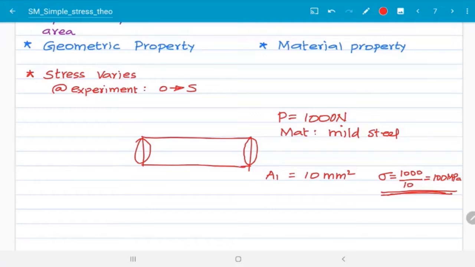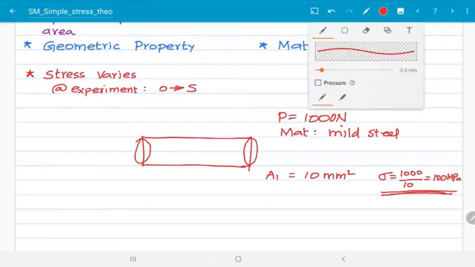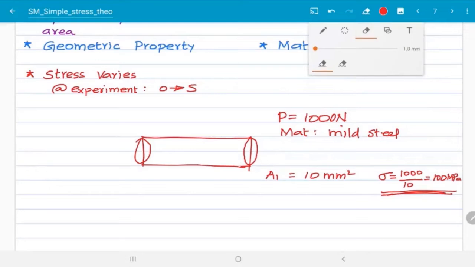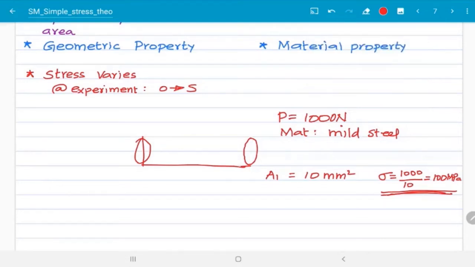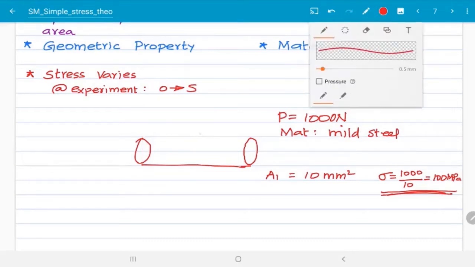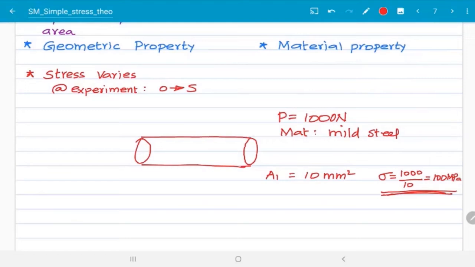Now, how to decide whether the assumed area is acceptable or not, or the component will be safe or not? When the component will fail, when will it be safe? Based on that, you can decide.